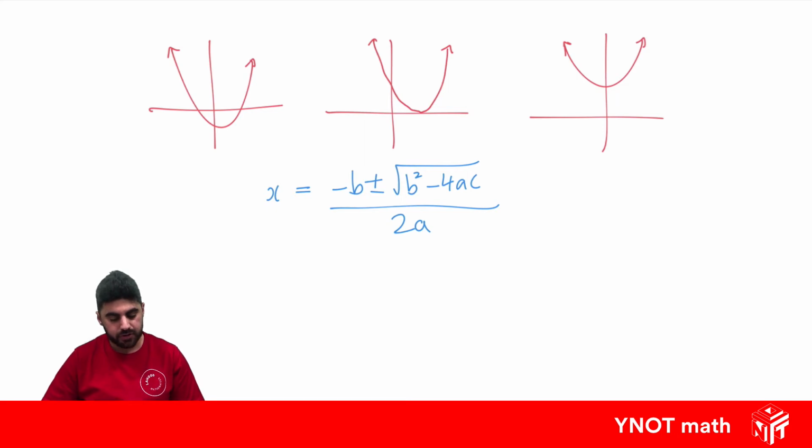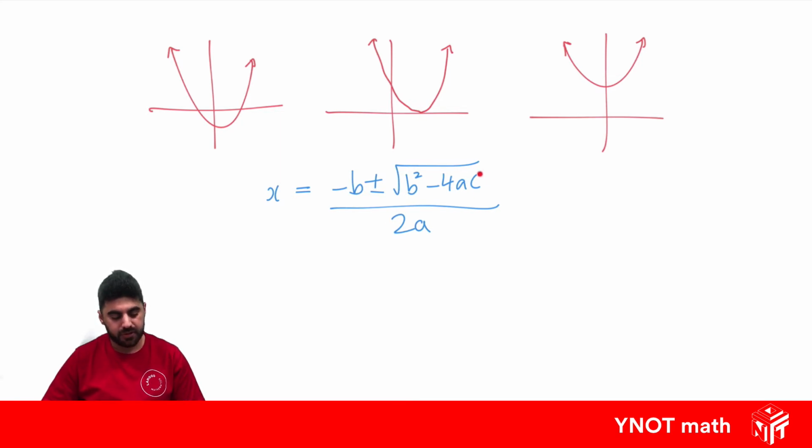To get no solutions, what happens if inside the square root here we had a negative value? Well, if it was negative, we'd have the square root of a negative, which we can't have, and this would give us no solutions and no x-intercepts. If inside here we had 0, the square root of 0 is 0, and we'd have nothing to add or subtract, and the only answer would be minus b over 2a, and it would only give us one solution.